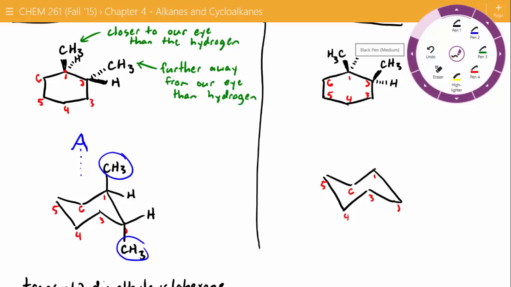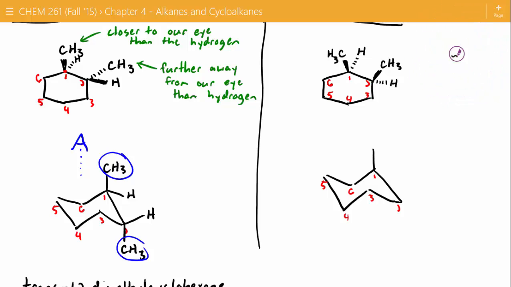Carbon number 1 should have a methyl group sticking straight up and down, just like in the previous example. Now, if we look at carbon 2, is the methyl group going to be axial or equatorial? Equatorial, right? So now if we look at this methyl group, it's sticking more up here, and we draw this hydrogen down.